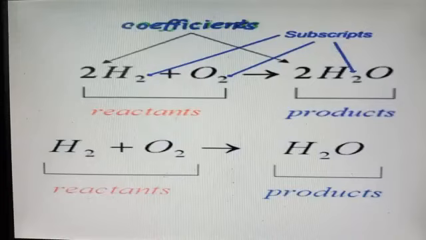That means the number in front of a molecule is the number of molecules. So 2 molecules of hydrogen gas react with 1 molecule of oxygen and give 2 molecules of water, because this 2 in front of water, H2O, is also the number of molecules.